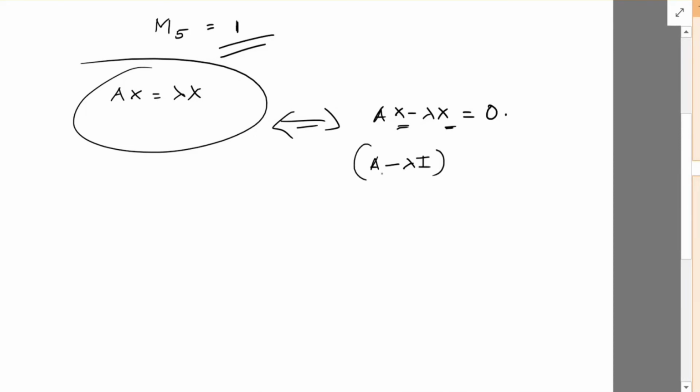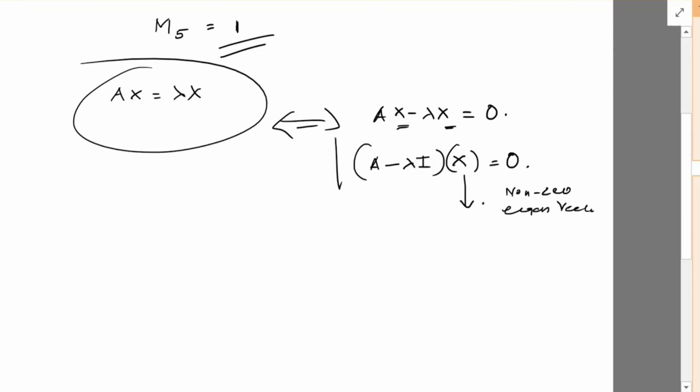If you take a vector outside, there will be an identity matrix inside. So it can be written as (A minus lambda I) into x equal to 0. The actual question is we need to find this x. That x is the eigenvector, the non-zero vector x corresponding to that eigenvalue.